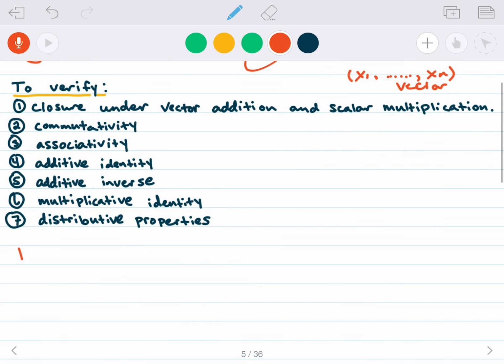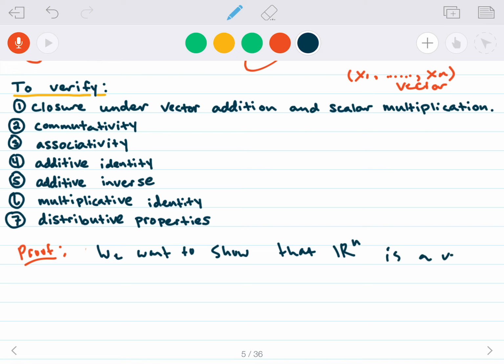So here's our proof. Let me do this in black. So we want to show that Rn is a vector space. And so for the first one, is it closed under addition?